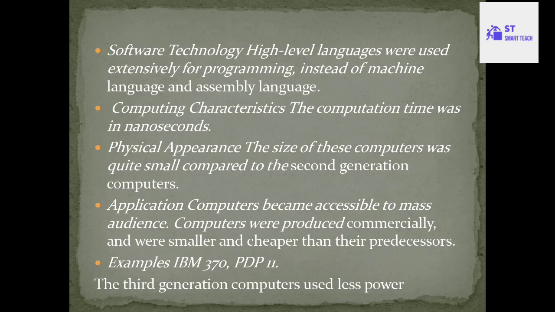Computers were produced commercially and were smaller and cheaper than their predecessors. Predecessors means computers before. Examples of third generation computers with integrated chips are IBM 370 and PDP 11. The third generation computers used less power.